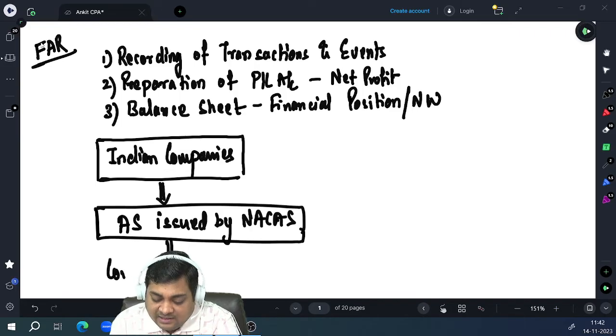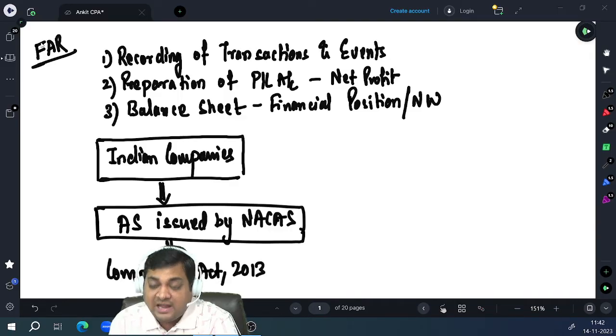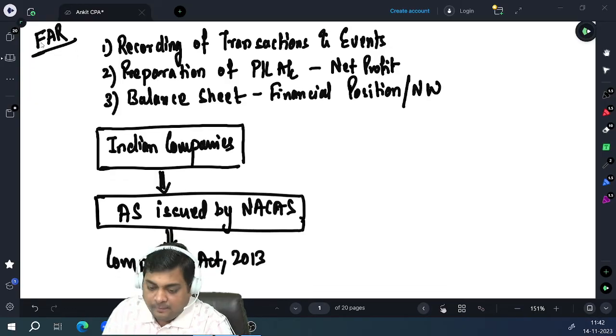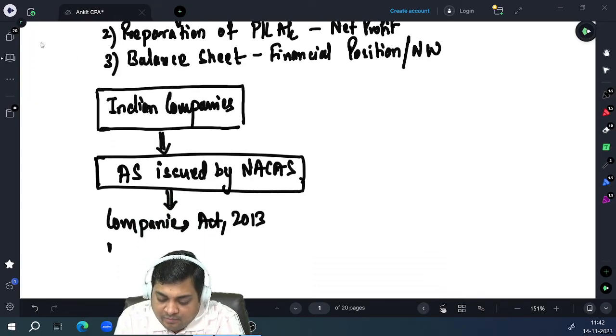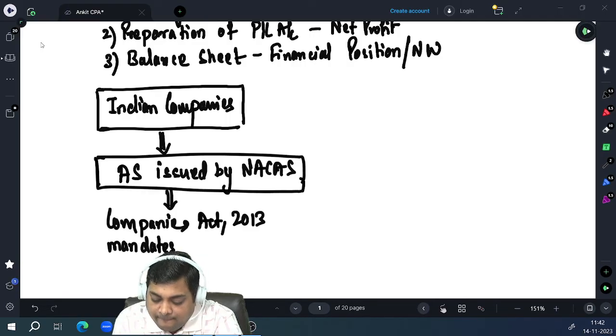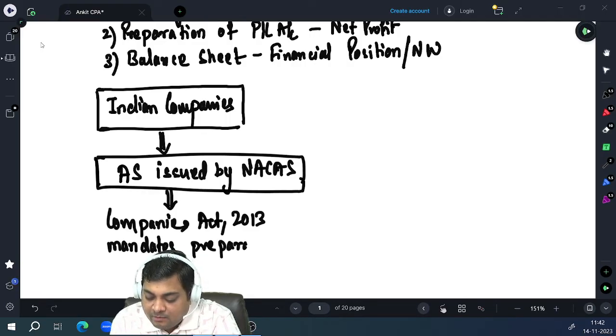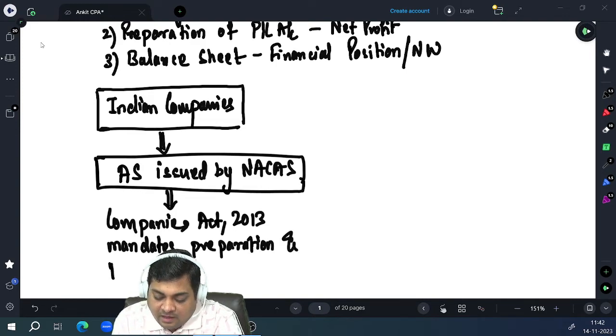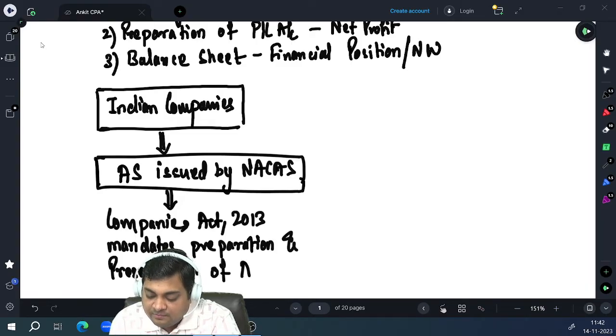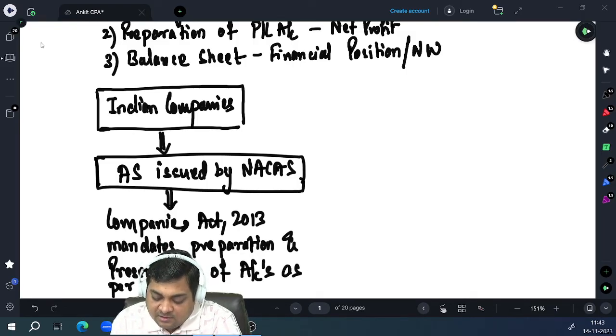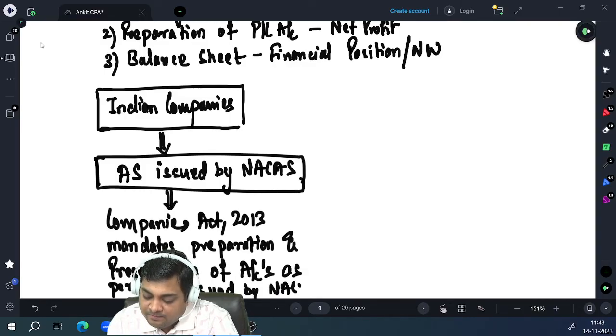It is the Companies Act 2013, earlier it was 1956, which mandates preparation and presentation of accounts as per accounting standard issued by NACAS.